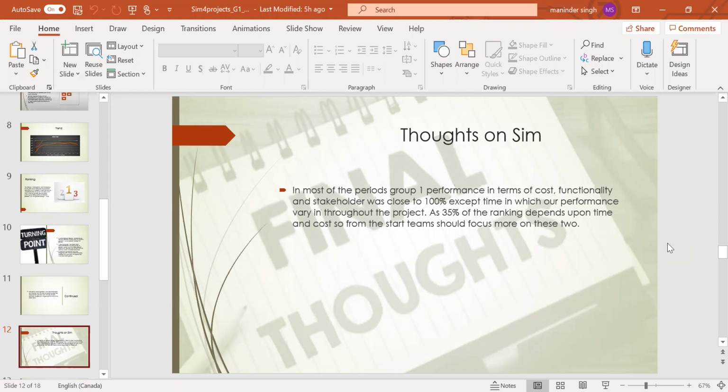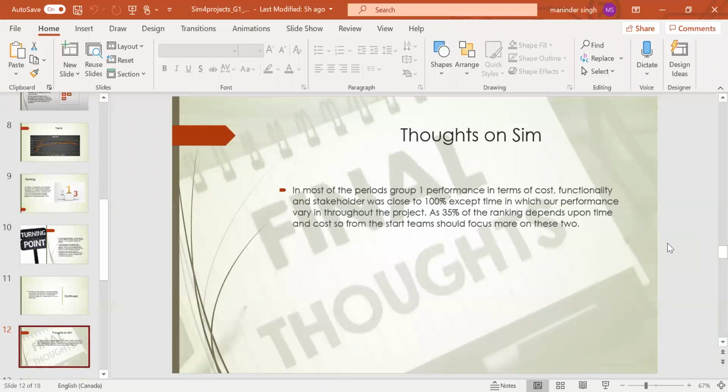But at the end of the project, we were able to attain sufficient success in time also. I want to say that 35% of the ranking in the project depends on time and cost, so all the teams should focus more on these two to increase their performance.